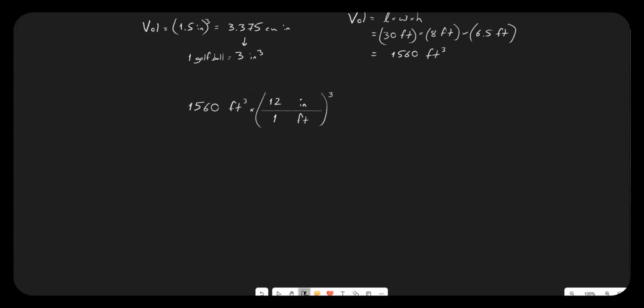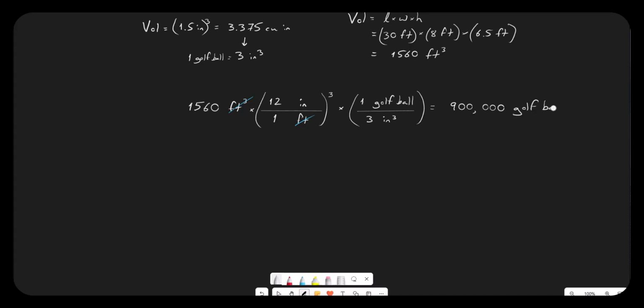At this point, my cubic feet and cubic feet can cross off, and I will be left in cubic inches. I said one golf ball is going to have an effective volume of maybe 3 cubic inches. And when I do this math, what I end up with is 900,000 golf balls. That is a really big number.